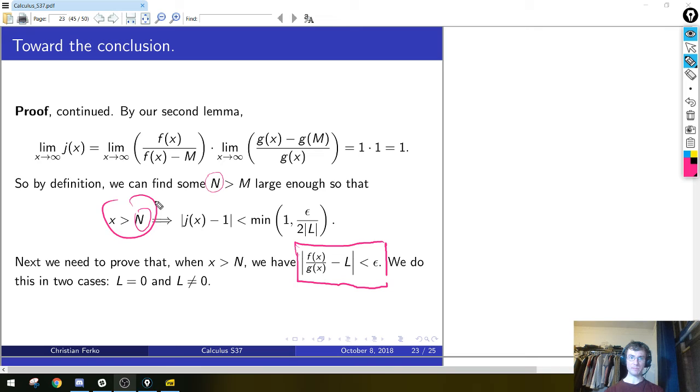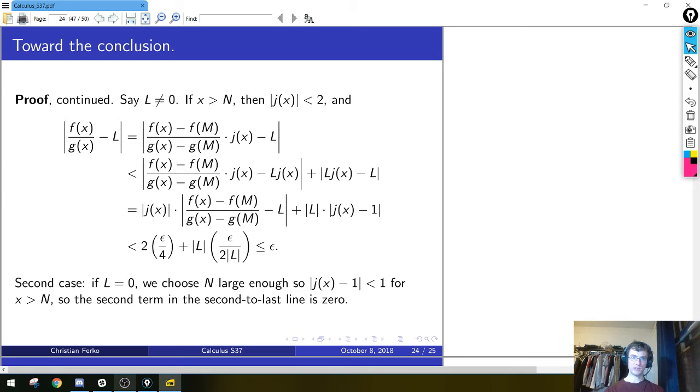So we've picked our n. The die is cast. We have made our move in this game. Now we just have to show that we've won. If you pick this n, we have to prove that the ratio whose limit we actually care about, this thing, will be within distance epsilon of L. So that's what we have to do on the next slide.